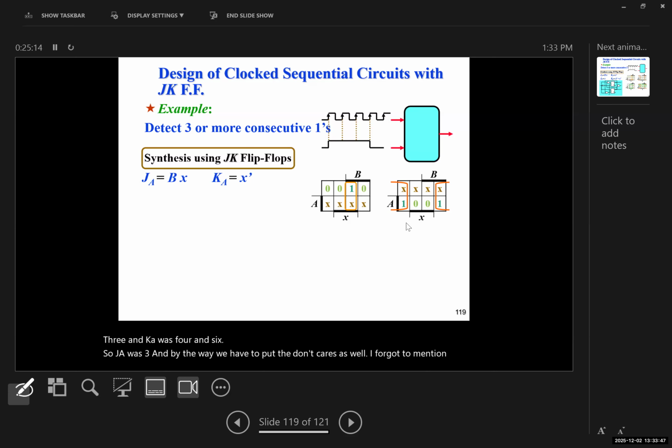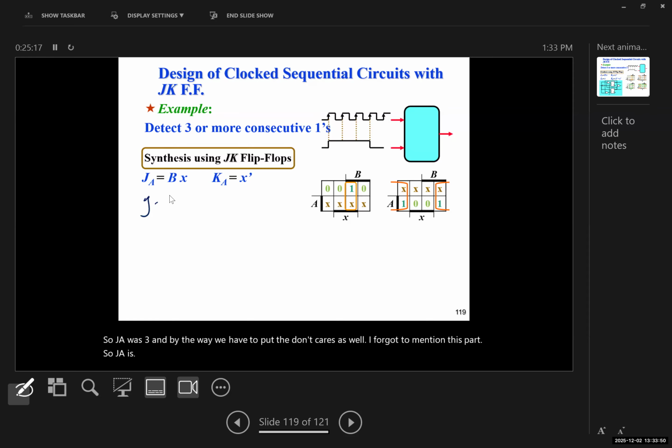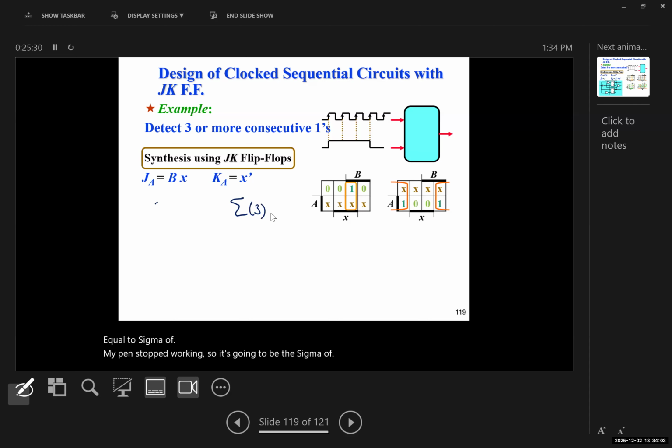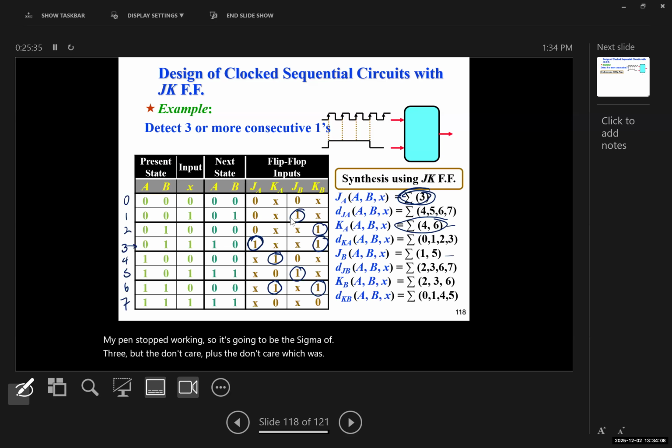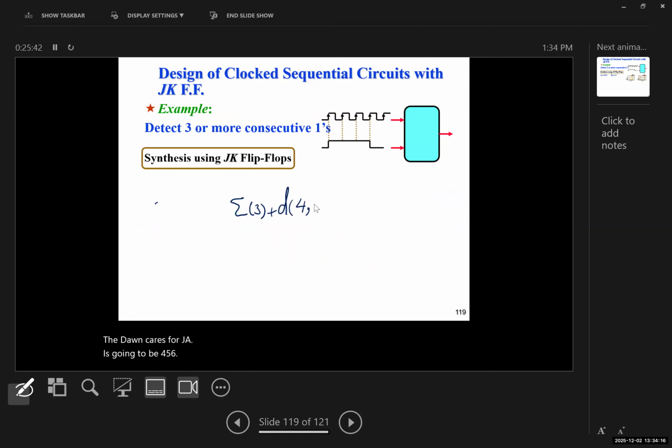So JA is equal to sigma of 3, plus the don't cares, which for JA are 4, 5, 6, and I think it was also 7. So if I draw the K map, it's going to look like this.